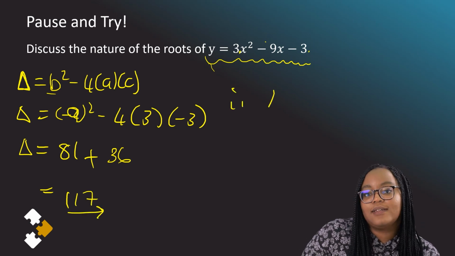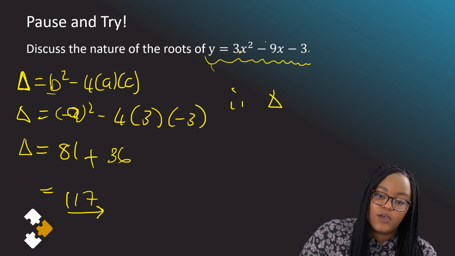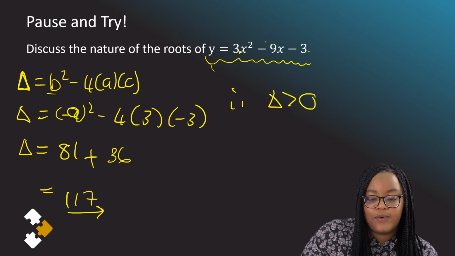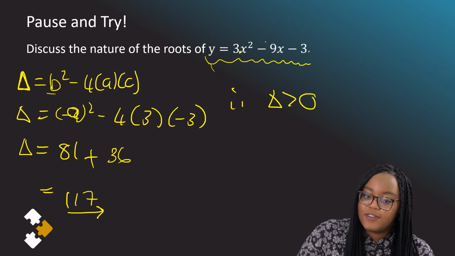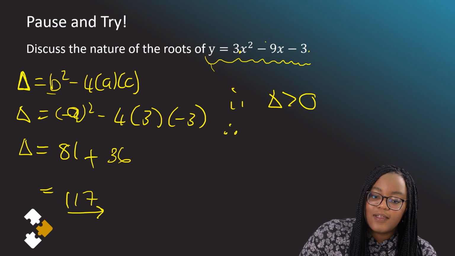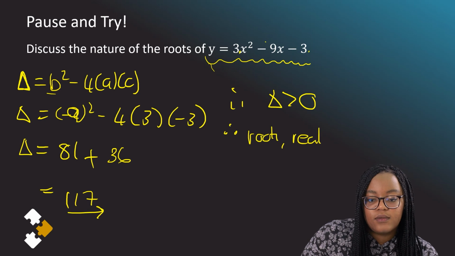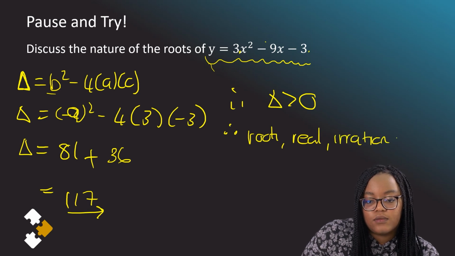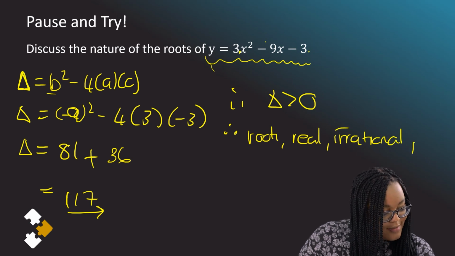Therefore, delta is going to be greater than 0. And as discussed earlier, that means our roots are real, irrational, and unequal.